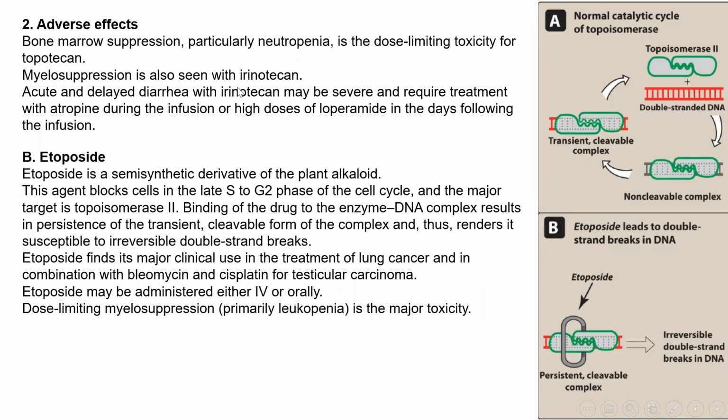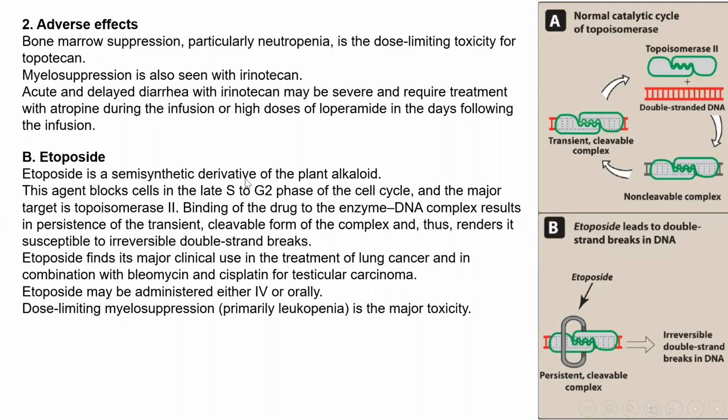Myelosuppression also happens with irinotecan, and these drugs could induce acute or delayed diarrhea with irinotecan, and this requires treatment with atropine, or using high doses of loperamide to stop these serious side effects. These serious side effects are mostly related to irinotecan.